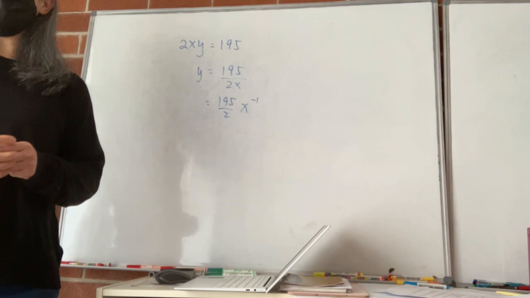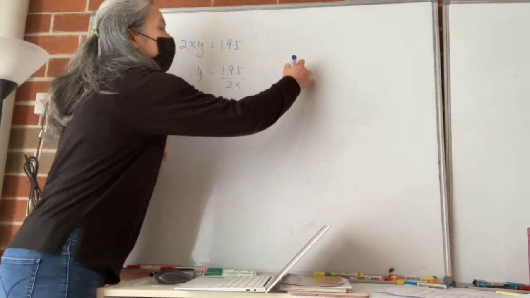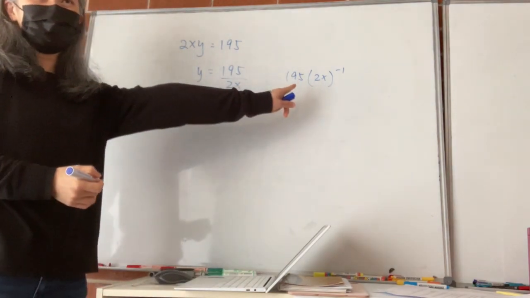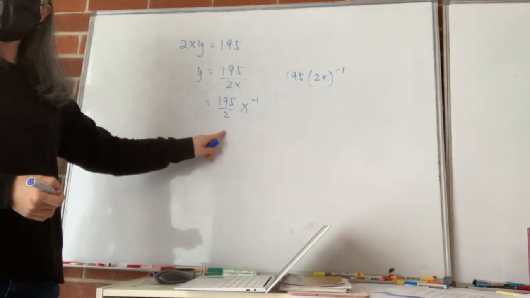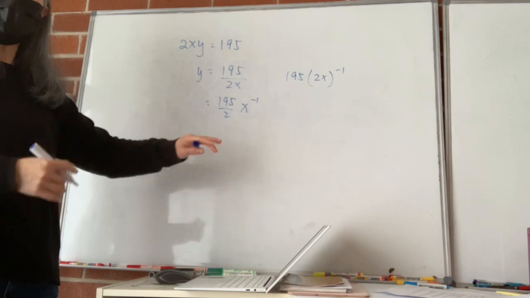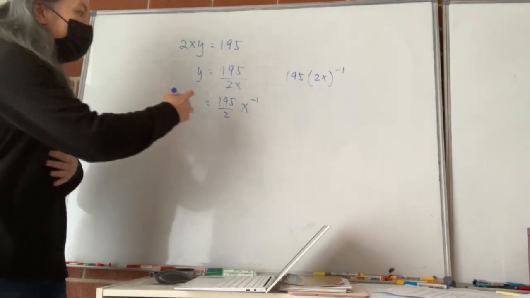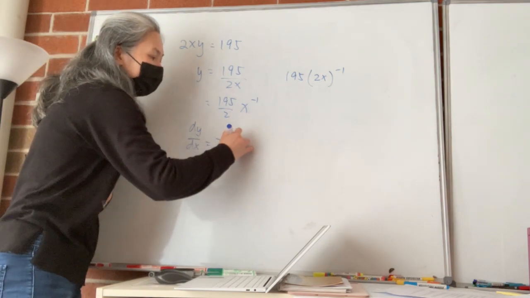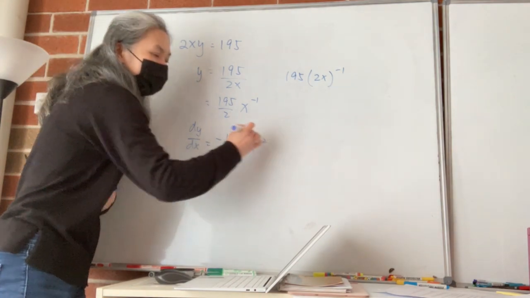Do not move the 2 up. Do not do 2x. Don't do that. Do this. And this is how you differentiate, because constant is a constant. Leave it. Then you are going to have dy dx equal to minus 195 on 2x minus 2.